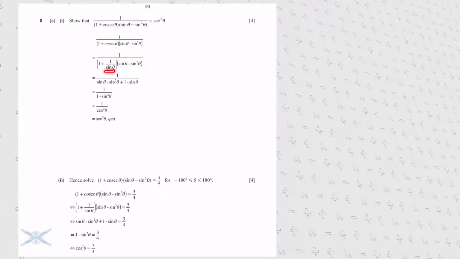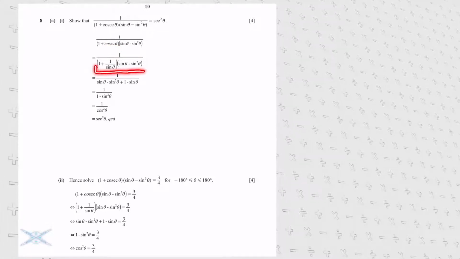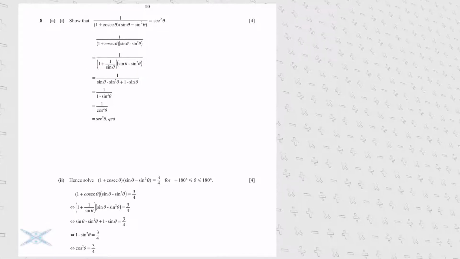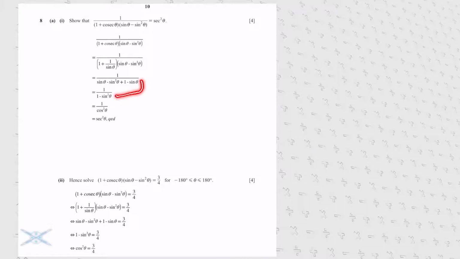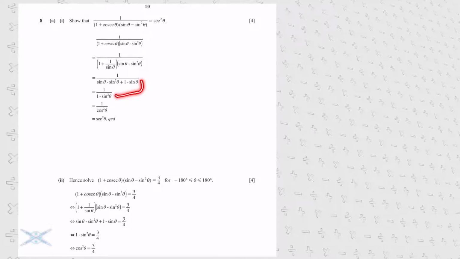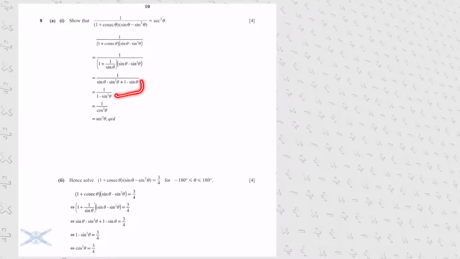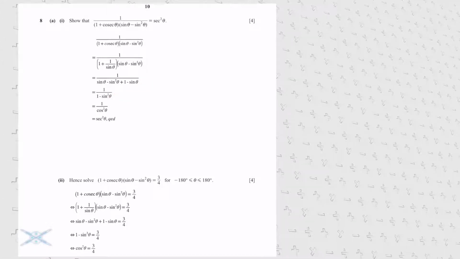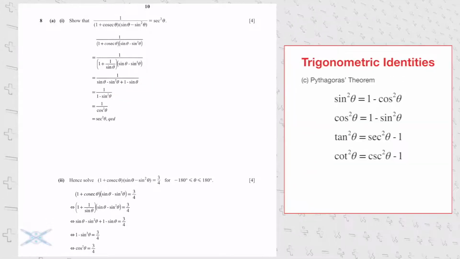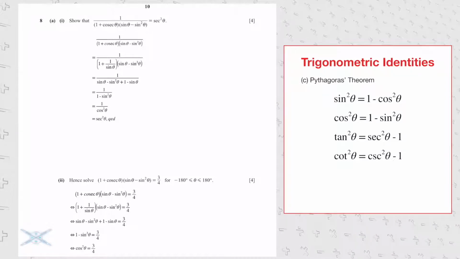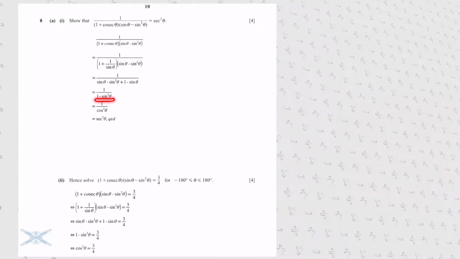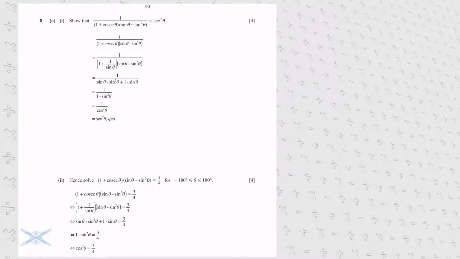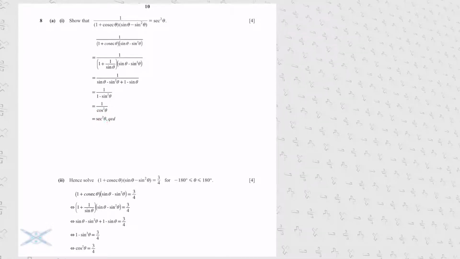From there, we will simply expand the expression of the product in the denominator. After simplifying this expression gradually, we come to the expression 1 over 1 minus sine squared theta, and again applying the trigonometric identities, which I will provide you with again on the right-hand side of the screen, we should see that this expression 1 minus sine squared theta equals cosine squared theta, which in return equals secant squared theta, which was to be shown.